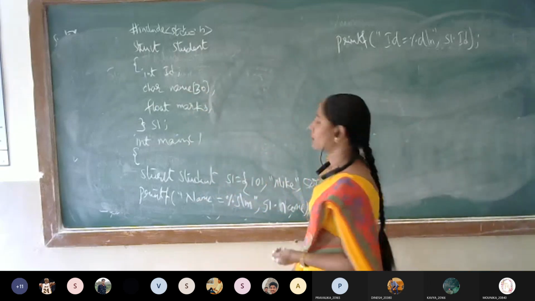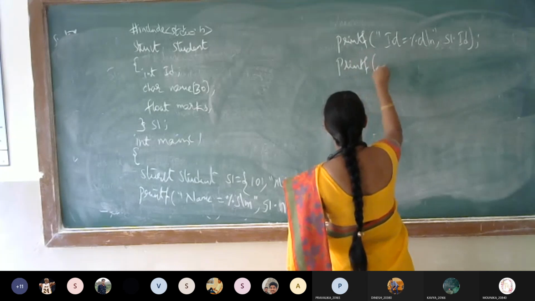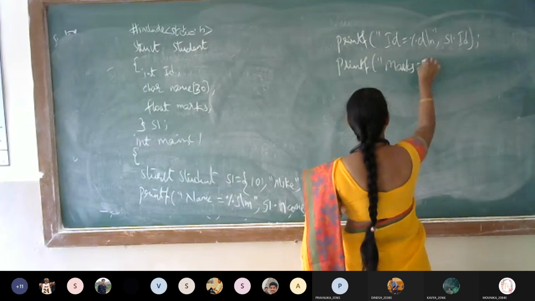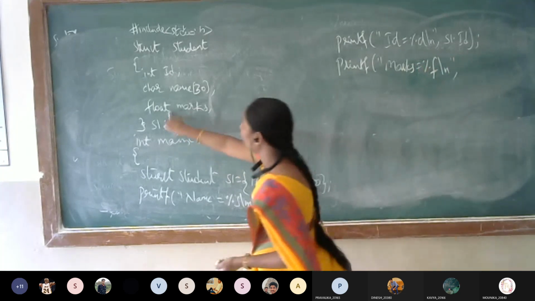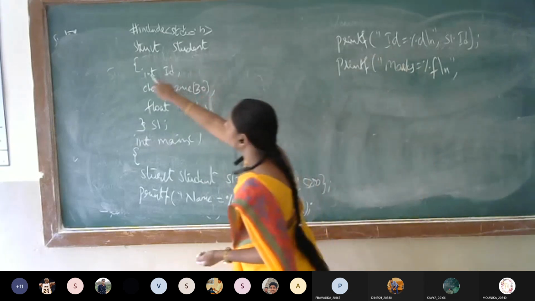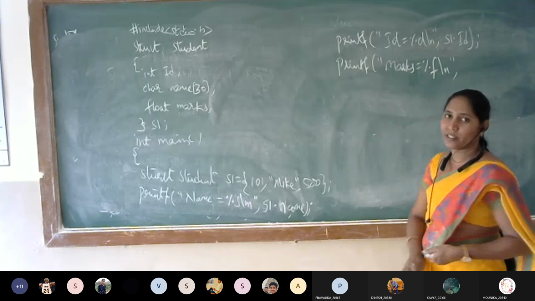I need to print the marks, so I'll be writing printf marks is equals to %f. As I have declared float, I am using %f format specifier. id కి int అని ఇచ్చాను కాబట్టి I have taken %d format specifier.